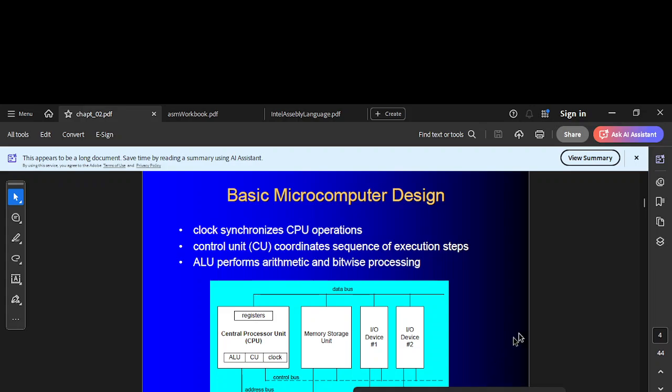A typical microcomputer design is depicted as follows. If you see my screen, a typical microcomputer, which is implemented as a laptop or desktop now, is depicted as follows. It must have a central processing system.